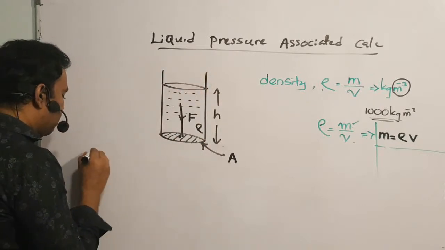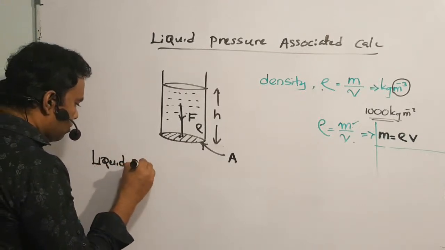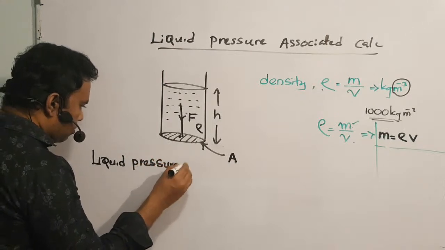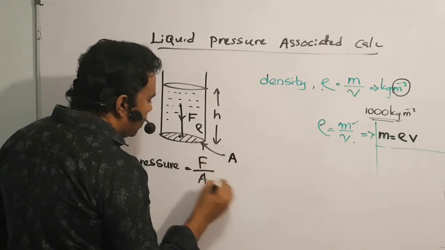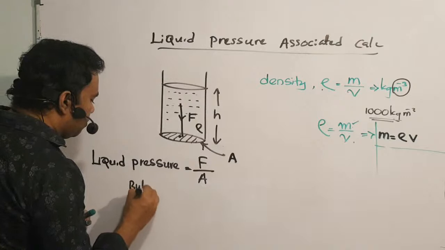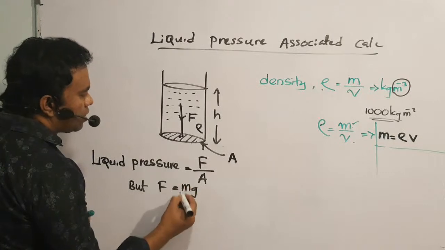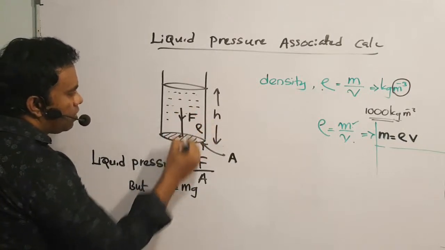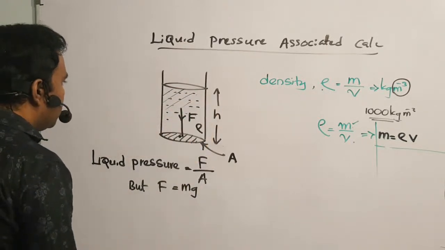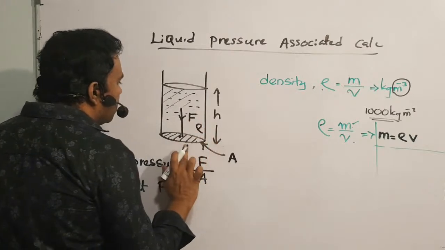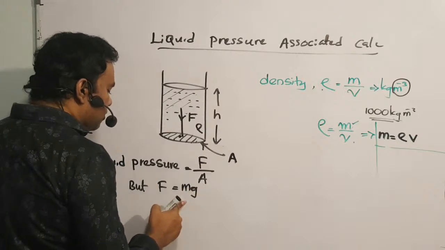Therefore, liquid pressure equals force upon area, but force equals mass into gravitational acceleration. So this force equals the mass of the fluid into gravitational acceleration.